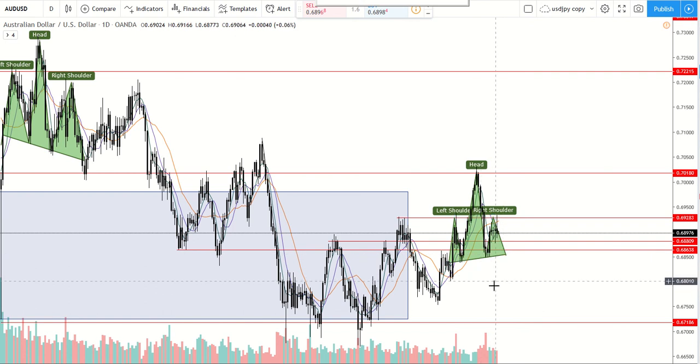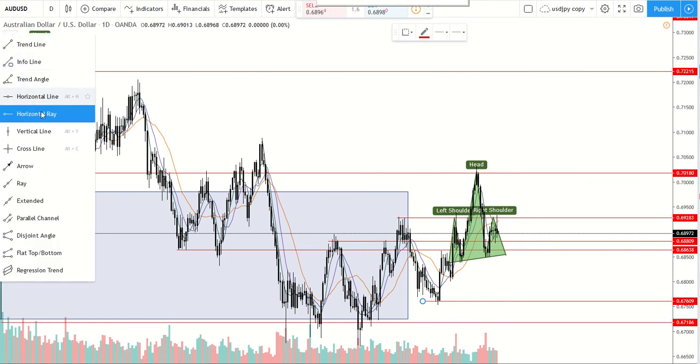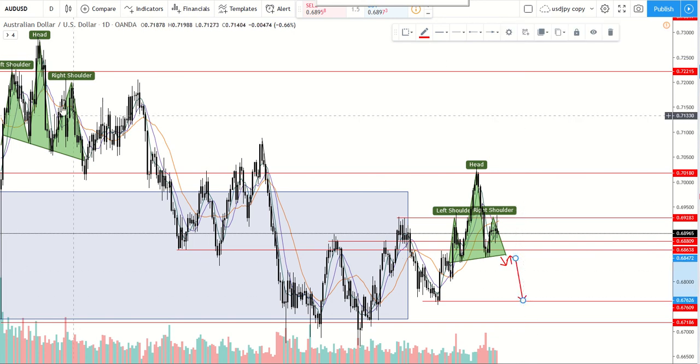We might come down. I don't think we're going to come down all the way, because we've got this fair support. If we're going to come down, we might pop down. If we break this neckline, we'll probably come down here, retest this level here.